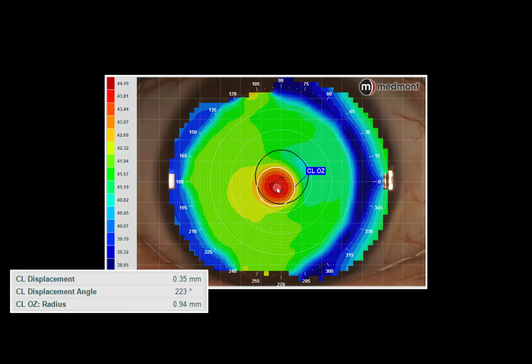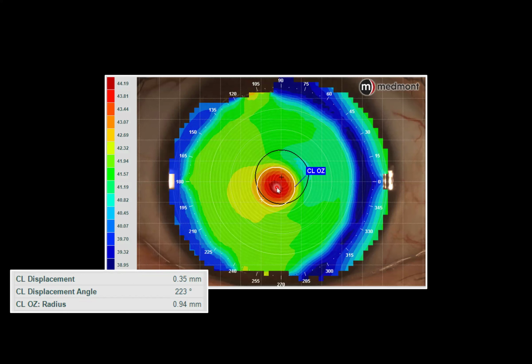Como pueden ver ahí, el círculo blanco es la zona óptica del lente de contacto, ¿cierto? Vemos que no está perfectamente centrado con el círculo negro, que sería la pupila del paciente. Por tanto, está descentrado.